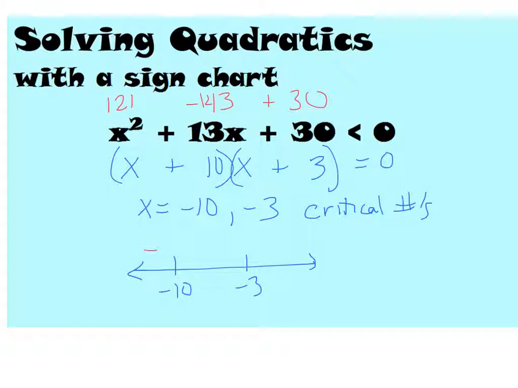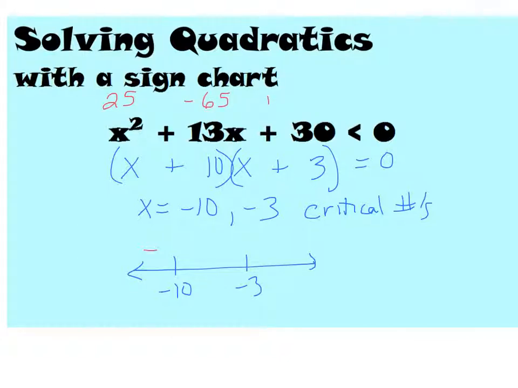Okay, so now we got to try it again. We have to do a value in here. So again, I'm going to try to keep my numbers small. Let's do a negative 5, let's say. Negative 5 squared is going to get me a 25. 13 times negative 5 is negative 65.